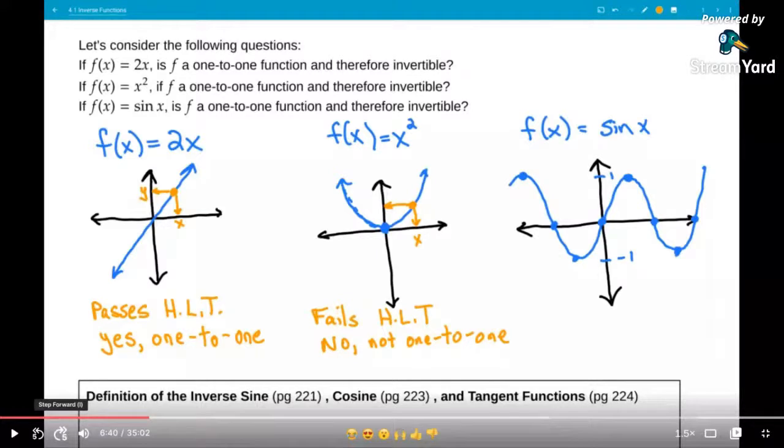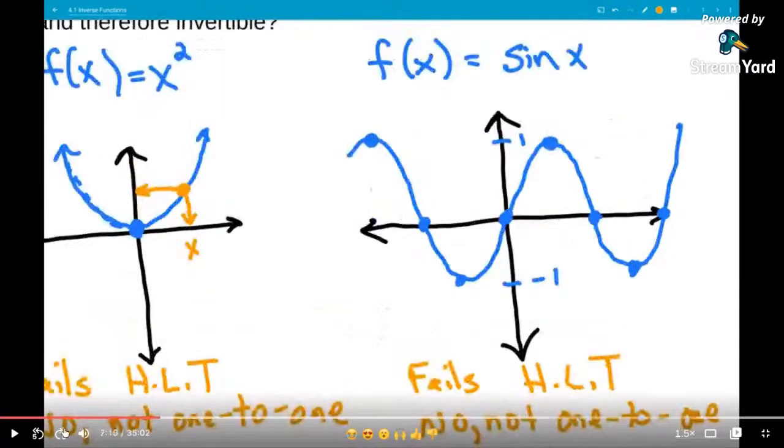But the most common answer, and whether it's what you chose or not, it is what mathematicians have decided to define as the interval right there from negative pi over 2.